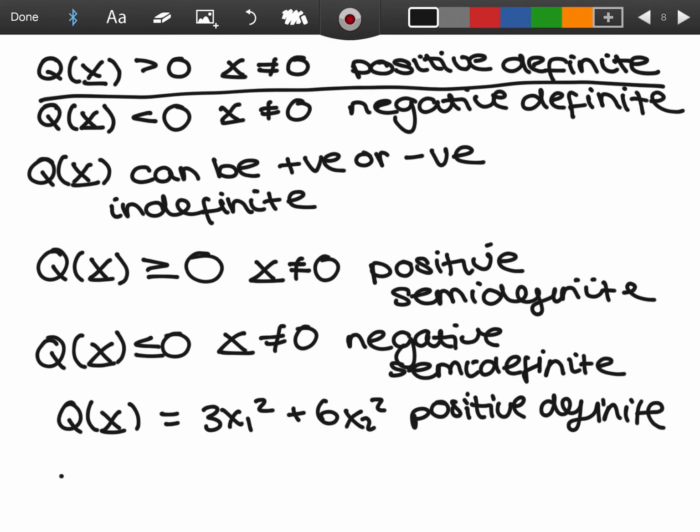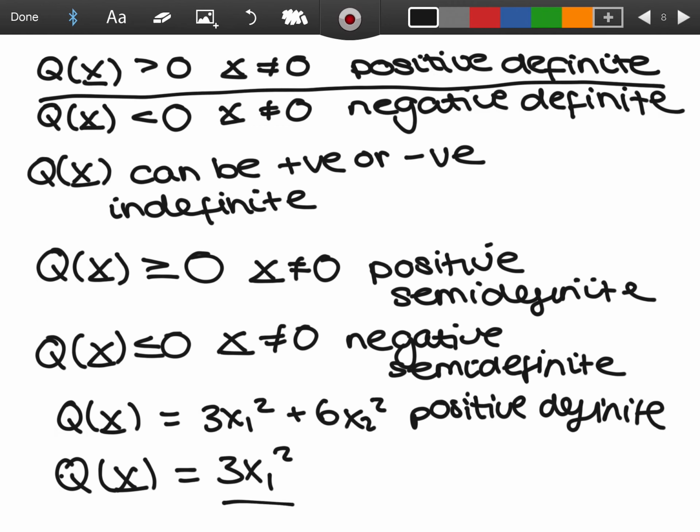Okay. But let's say instead I just had, so x in this case is a two-dimensional vector with x1 and x2, but my quadratic form is just 3x1 squared. In this case, if I took x1 equal to 0 and x2 equal to anything I liked, I've got a non-zero x in there, but I could still end up with a 0 here.